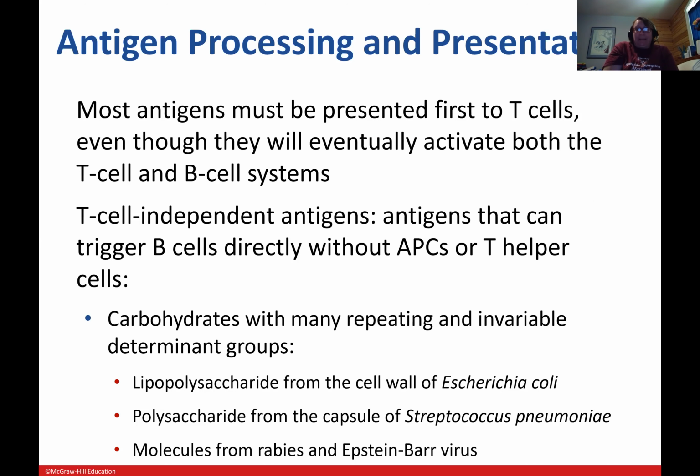Things like lipopolysaccharide can wake up a B cell just by itself. There's a polysaccharide from the capsule of Streptococcus pneumoniae that is able to bypass that whole process. The immune system gets so upset by those things being there that it has all kinds of mechanisms to react. Also, rabies and Epstein-Barr virus are able to go directly to the B cells.